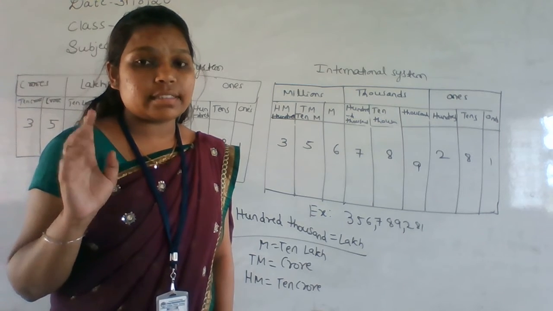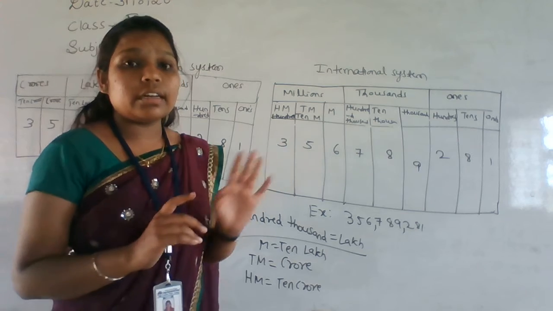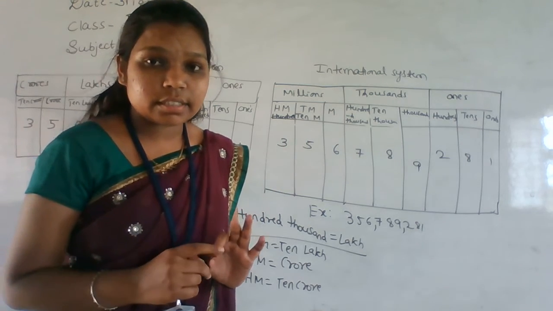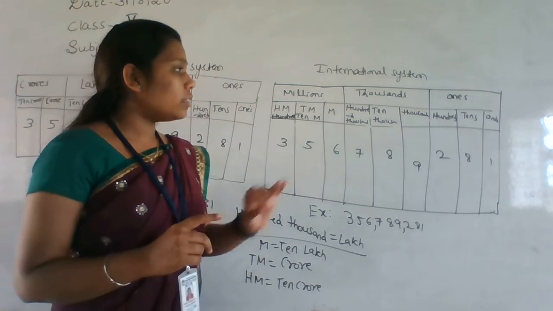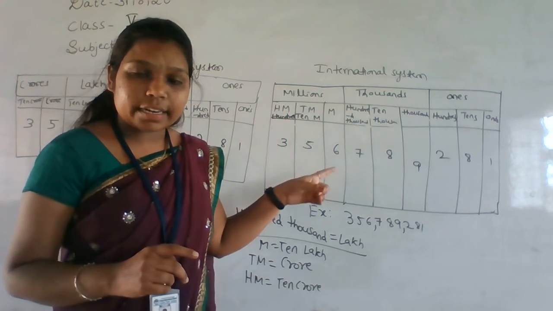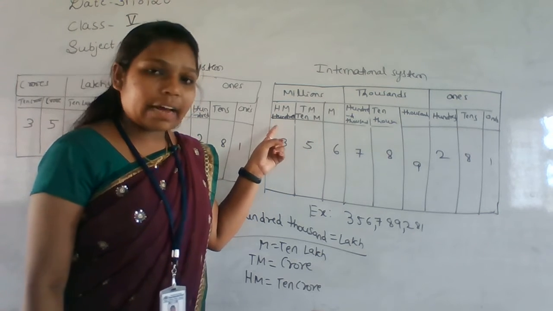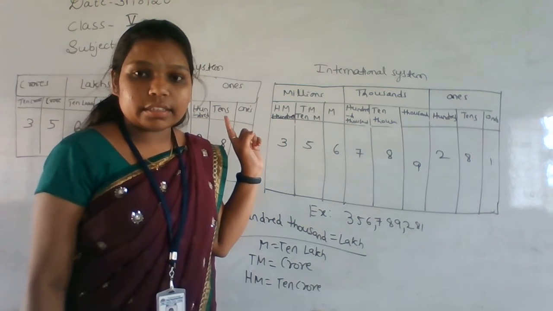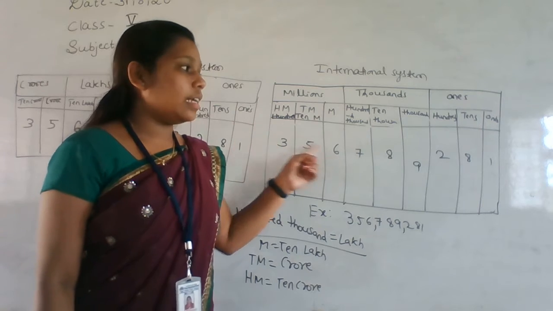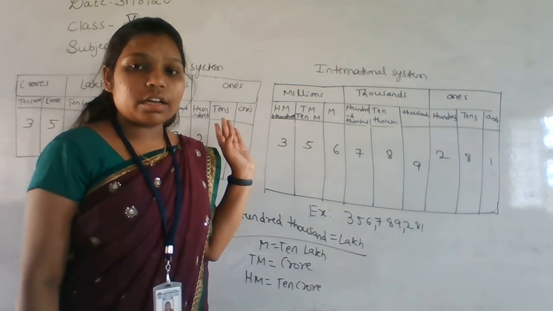And now according to the international system of numeration, there will be ones, tens, hundreds, after that thousands, 10,000s, 100,000s, million, 10 million, and after that 100 million. Getting everyone? So this is the way we have to write the international system of numeration.